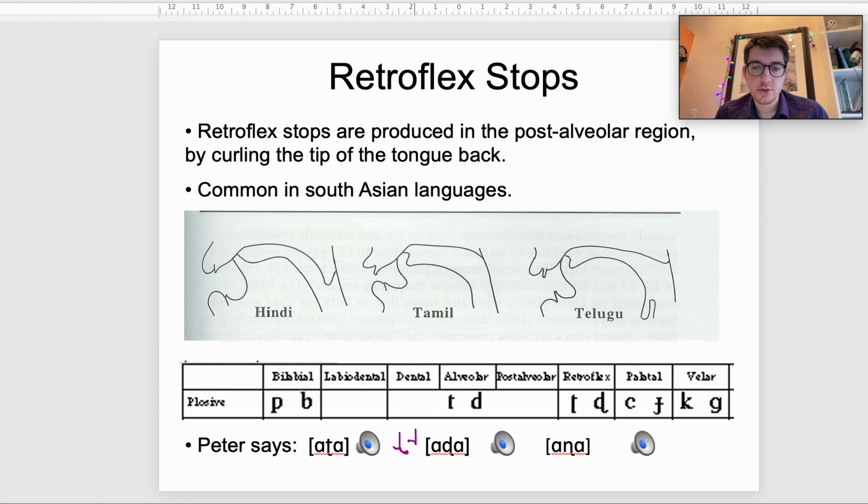You just do this with D, for example. This retroflex D. Retroflex T goes a little bit down, and then a hook, and N. Okay, so that's how they are written.